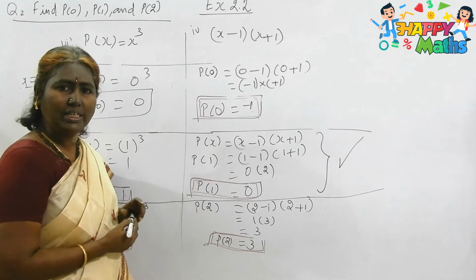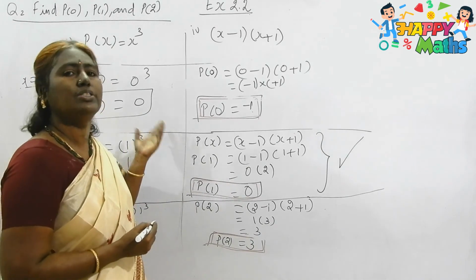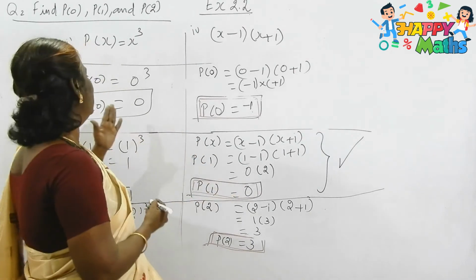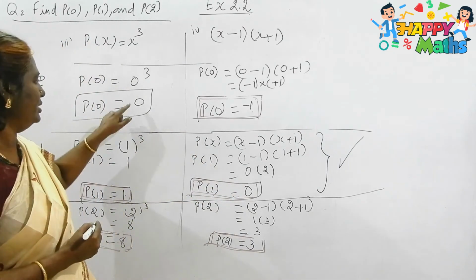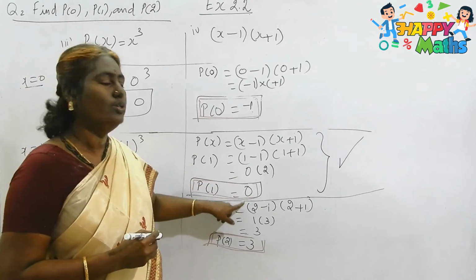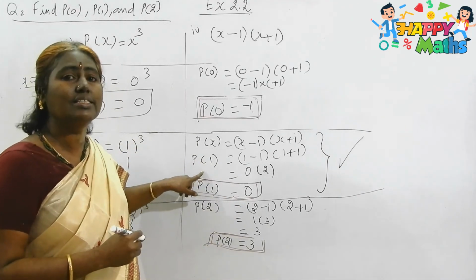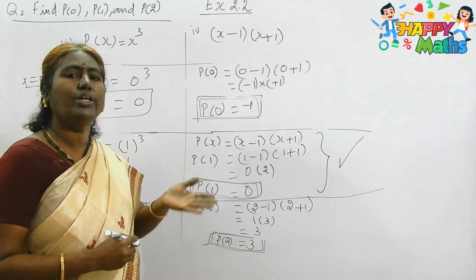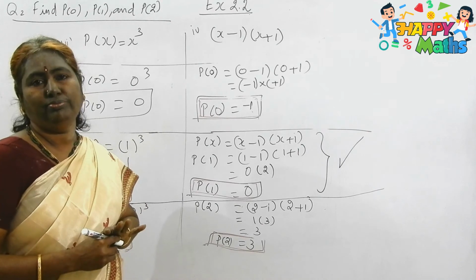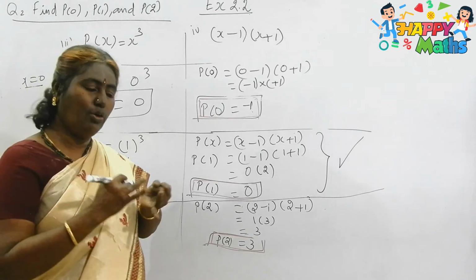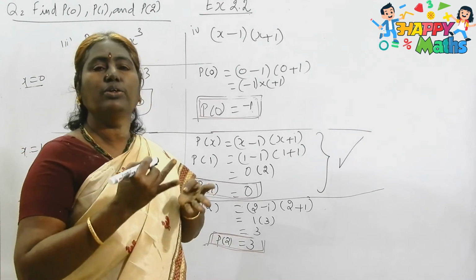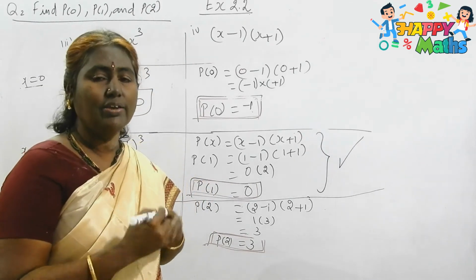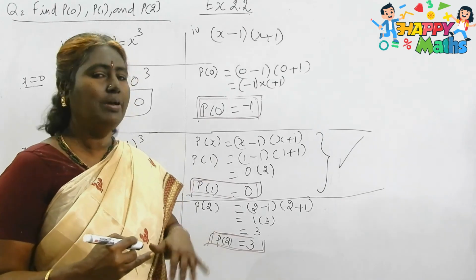If, when you substitute the value, the remainder has become 0, then it is a zero of the polynomial. See here also 0, here also 0. So x equal to 1 is a zero of the polynomial. See, a zero of the polynomial is nothing but what we are going to get as a solution also. So solution, zero, answer, root, all are the same only. With the help of all these 4 only, we are going to learn the remainder theorem and factor theorem.